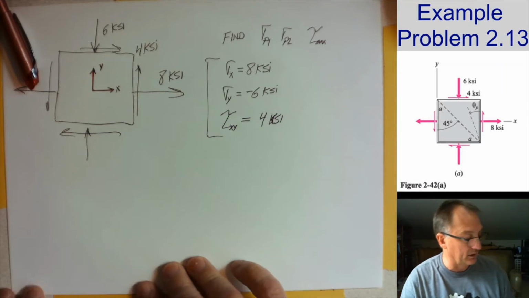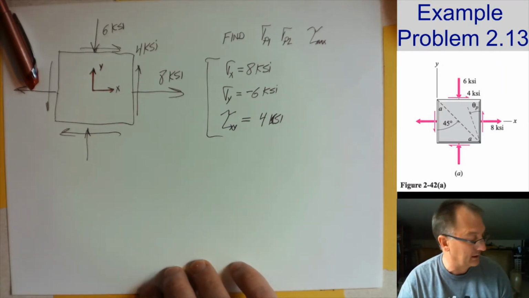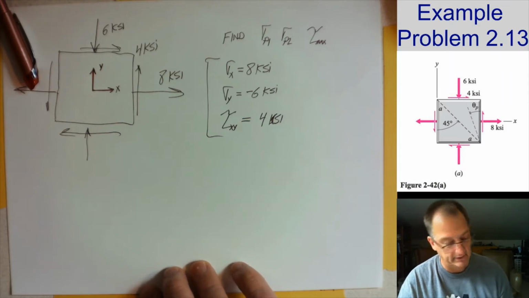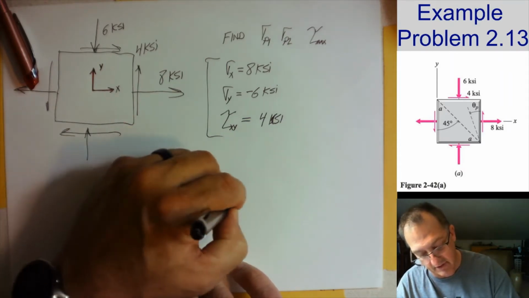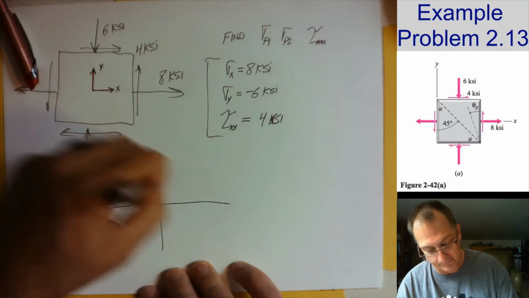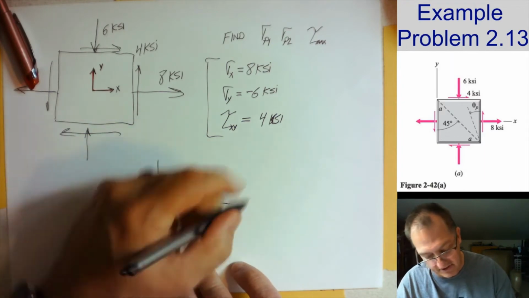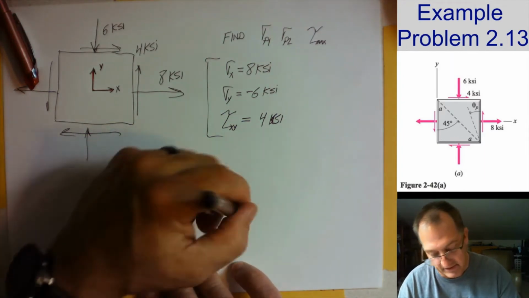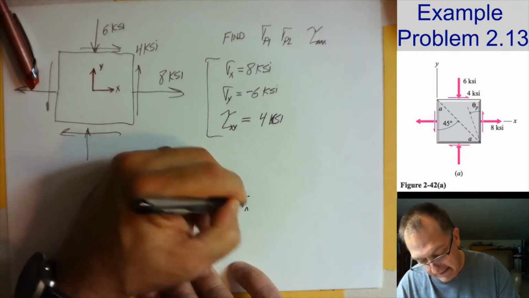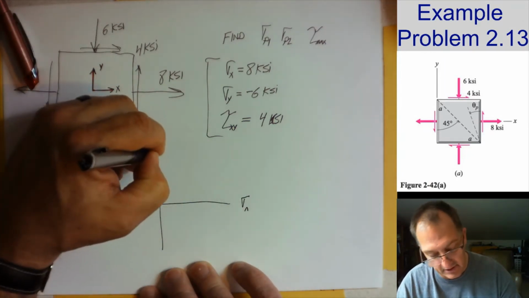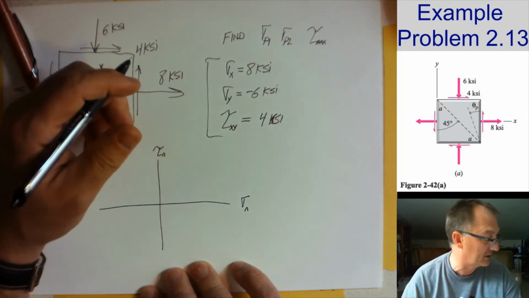So now we're on step 3, we're going to draw a set of sigma n and negative tau nt. What we're drawing is a set of coordinates, an XY plane, right? And normally I would say this is the x-axis, but this isn't. In this case, this is the sigma axis, and this is the tau axis.